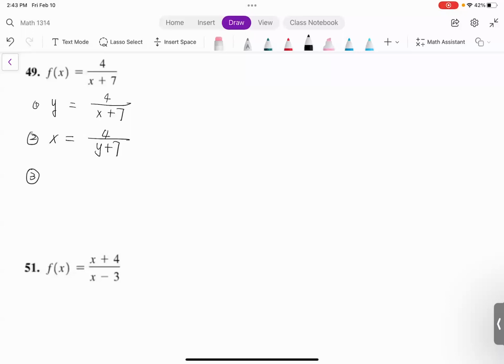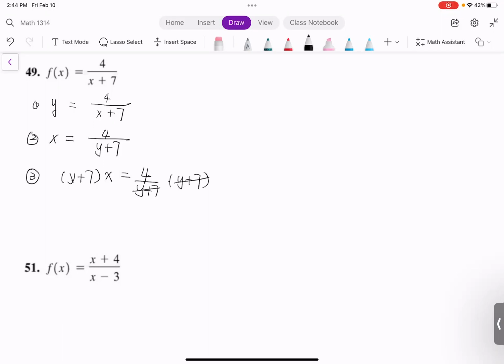Both sides I can multiply by y plus 7. So on the left-hand side, y plus 7 times x equals 4, because 4 divided by y plus 7, then multiplied by y plus 7, these two can be cancelled.